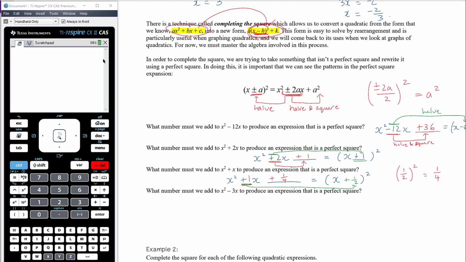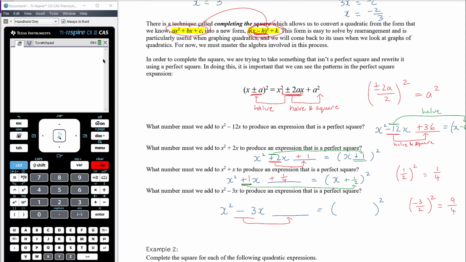What number must we add to x squared minus 3x to produce a perfect square? Okay, so again, halving and squaring negative 3. Right, so think about that. Negative 3 halved and squared will become 9 on 4.